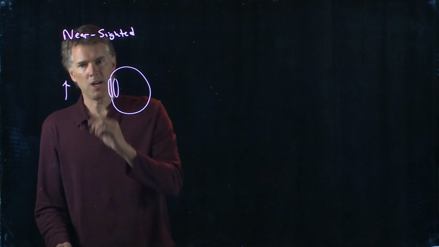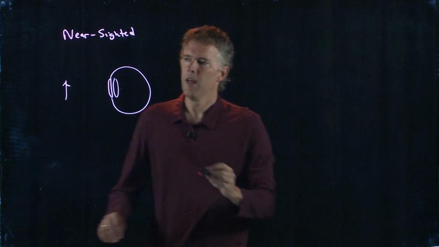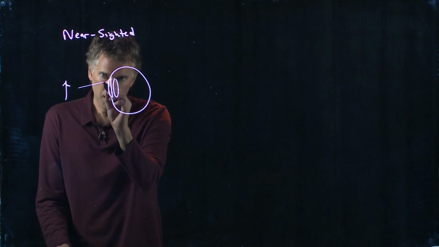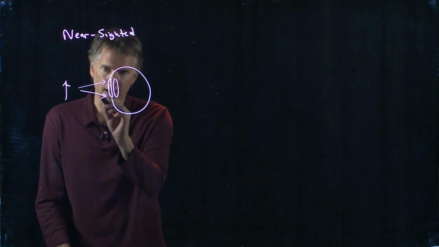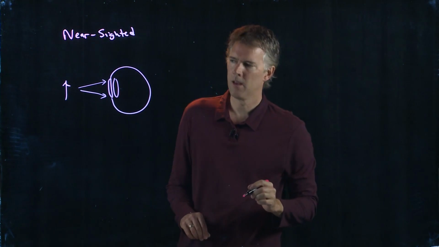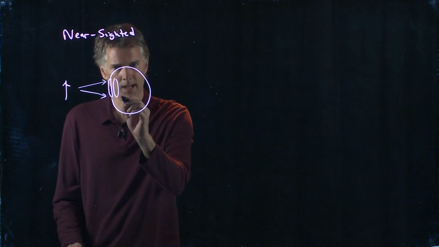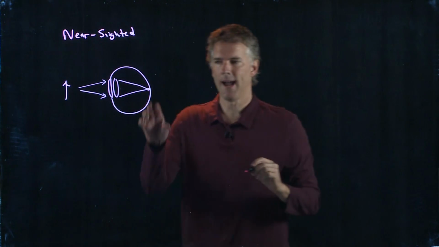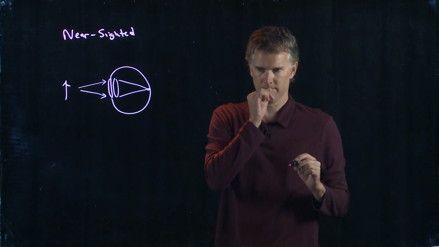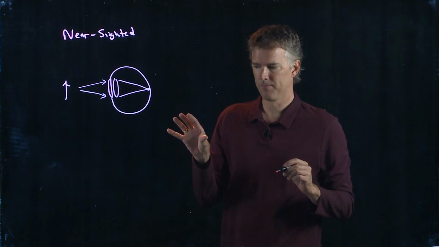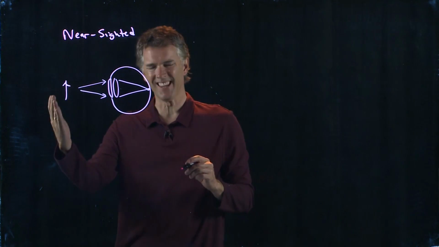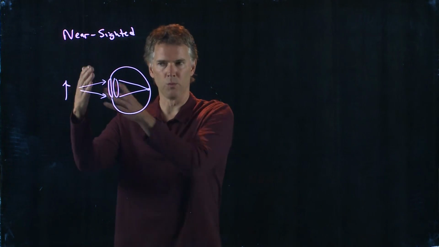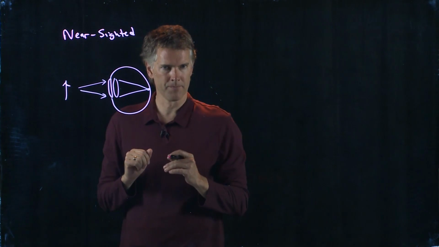If this object is near, then the rays coming from the object are diverging, and the power of my lens means I can focus those back to a point on the back of my retina with no problem. This is nearsighted. I can see things close. The rays from that are diverging.